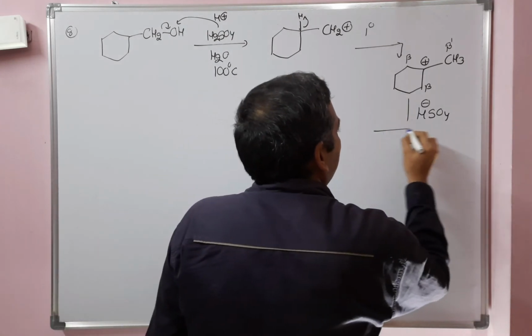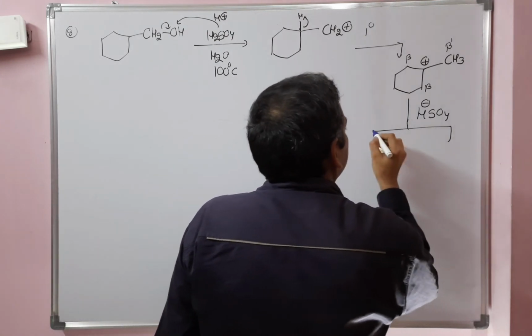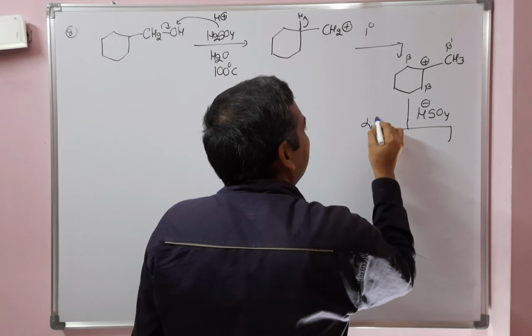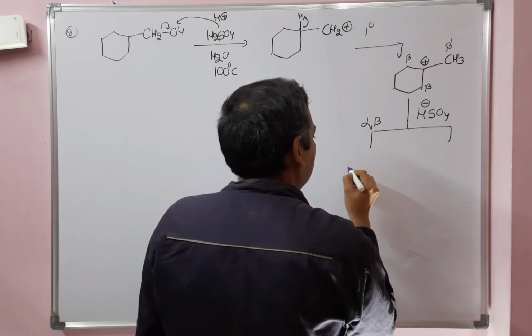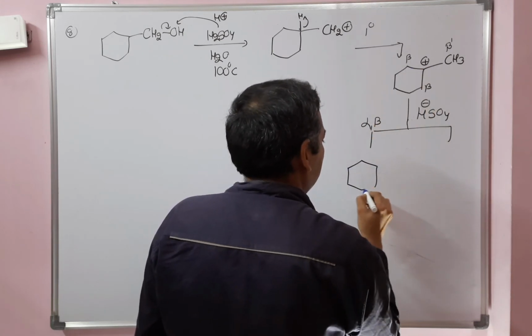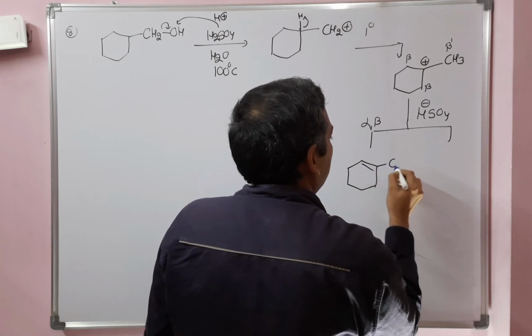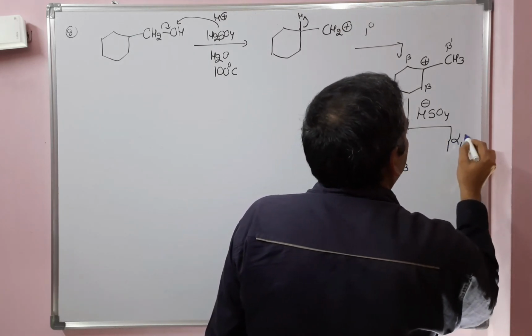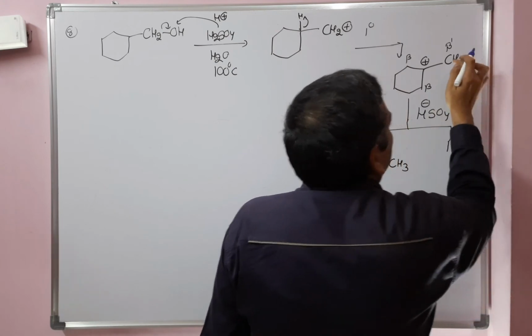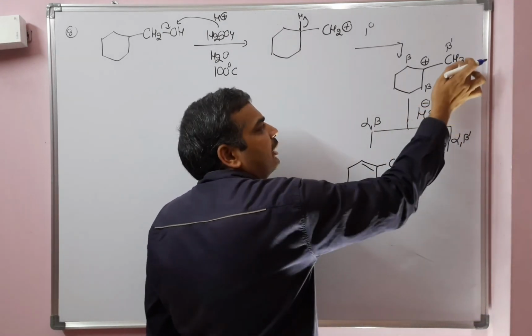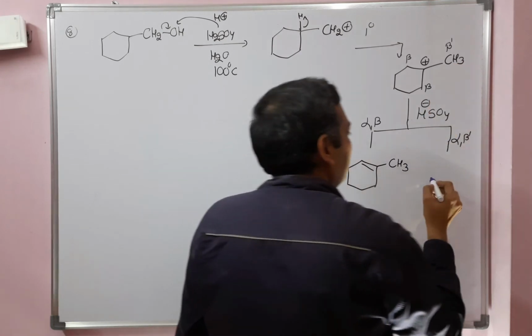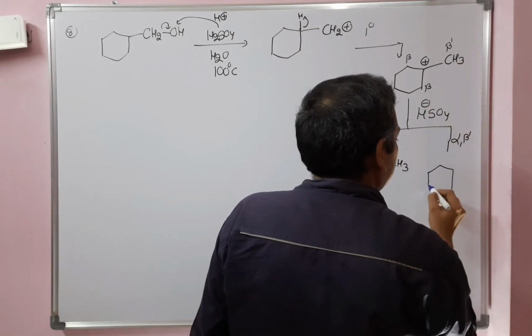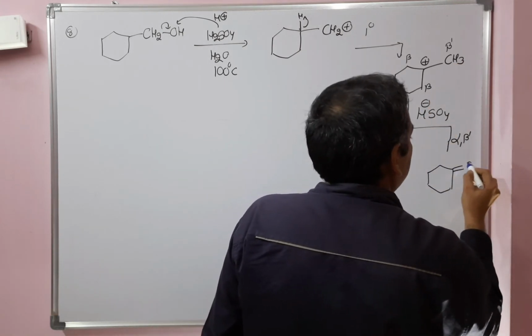Suppose the elimination is taking place with alpha and beta, then the product obtained is this one. Suppose the elimination is at alpha and beta prime, where HSO4 minus abstracts a proton here, then the product obtained is this one, with the double bond to CH2.